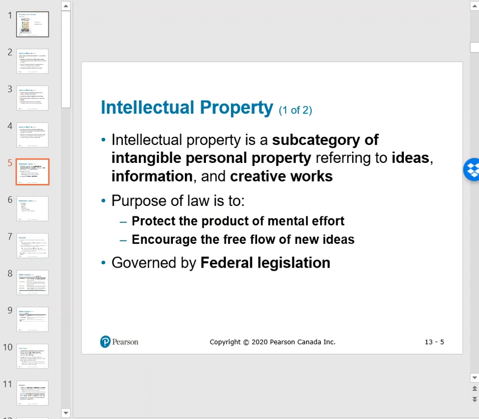A very hot and relevant topic nowadays is the search for either the cure of COVID-19 or a vaccine. We'll see that any of those may be protected by patent. So patent law is the one that will protect the invention of a vaccine or a drug, a medicine that may cure or treat COVID-19 more successfully.